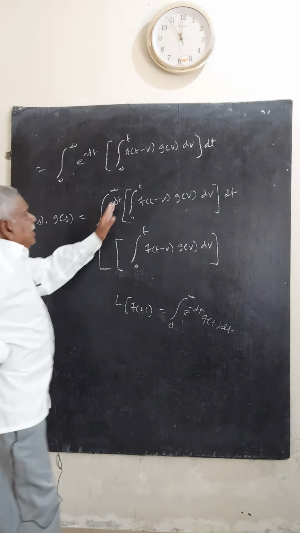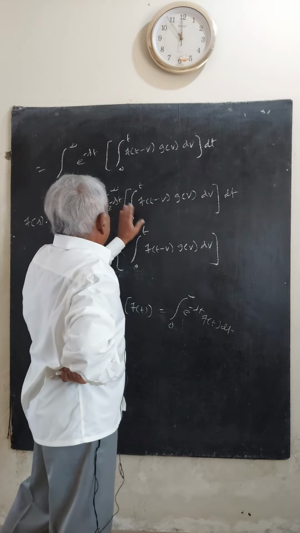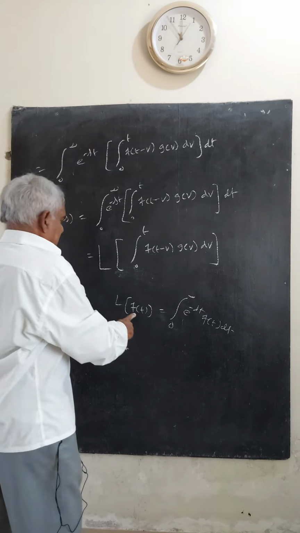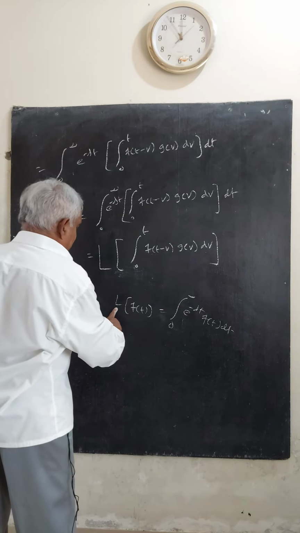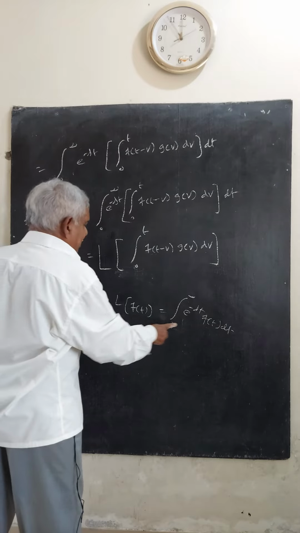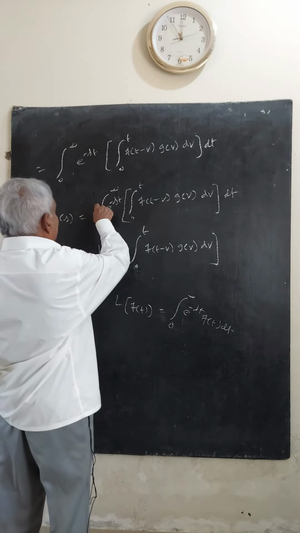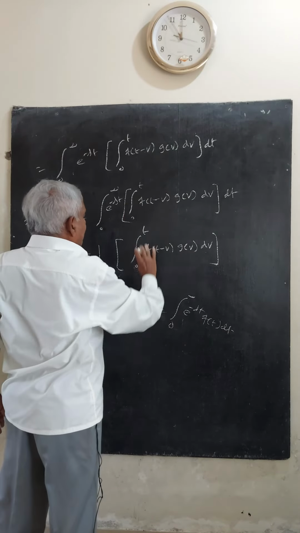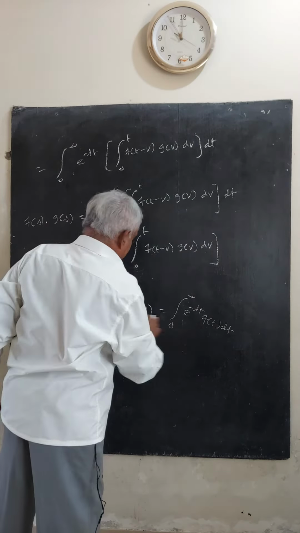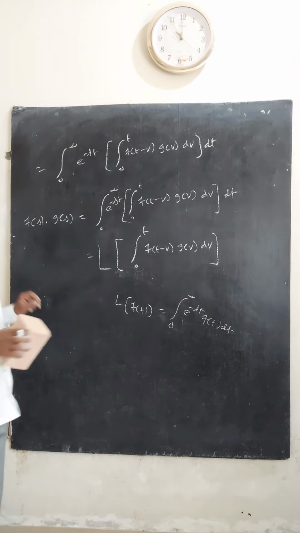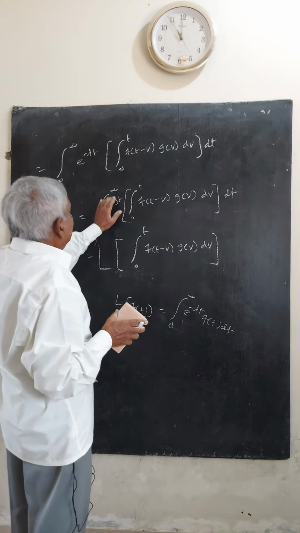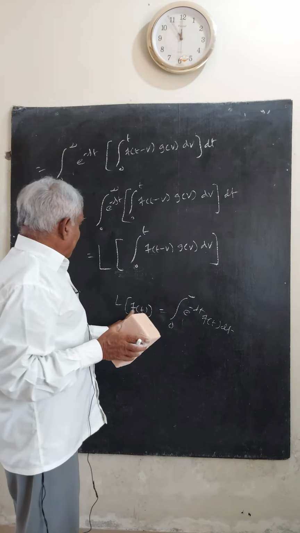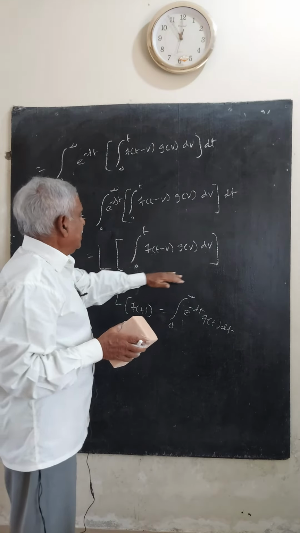Again, see here, this is completely called a function of a function. In L, only f of t is there. Similarly, 0 to infinity e power minus st, this complete is taken as f of t. f of t is inside this. Therefore L of this is completed.